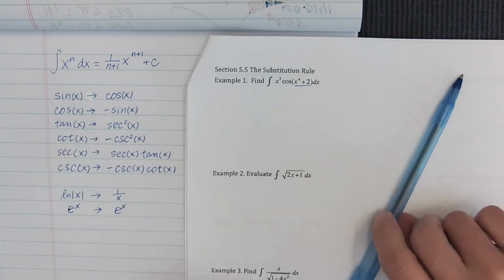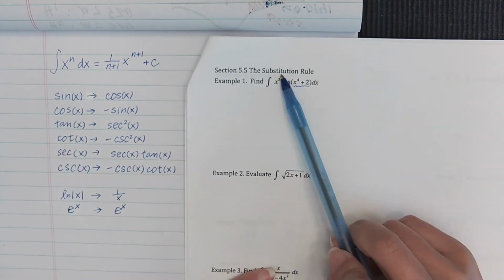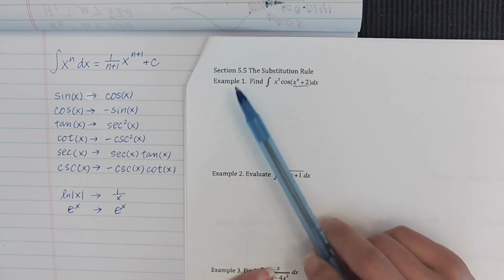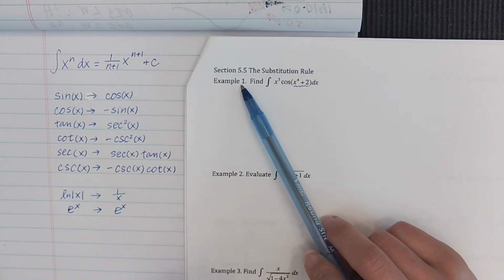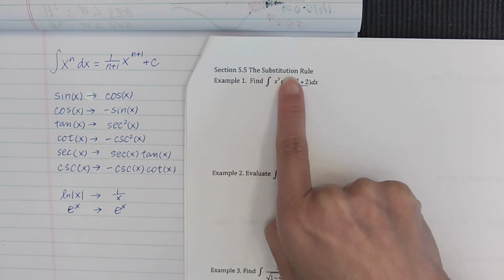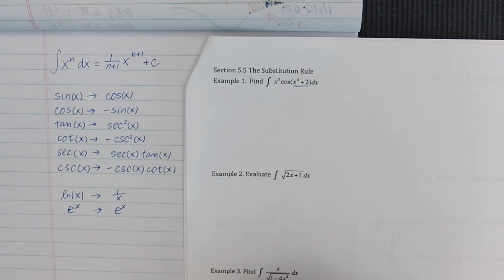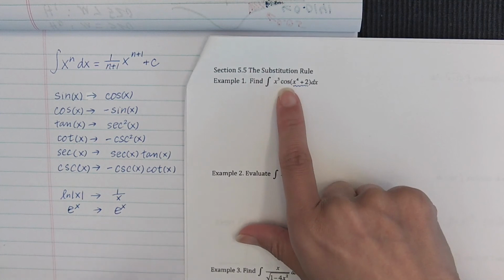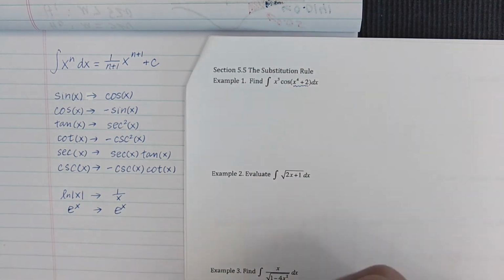So when questions look messy, we're going to use a different technique. It's called the substitution rule. Because 5.5 is the most important section for this class. The substitution method is going to show up everywhere when you take calculus classes. Even beyond Calculus 1, 2, and 3, you have to know how to do the substitution method.